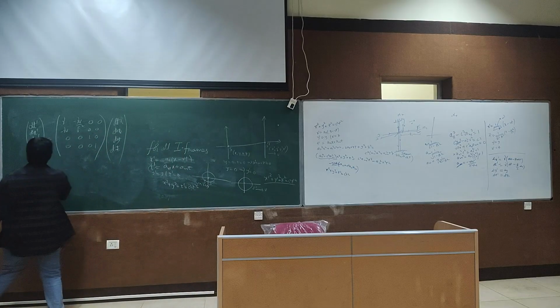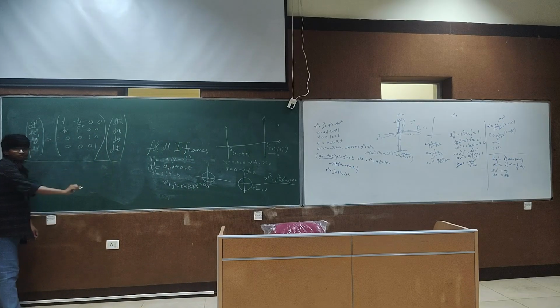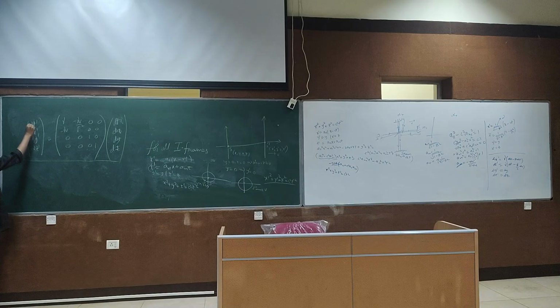So from now I am using a convention where this is x, you call it dx1, dx2, dx3, and I call it dx0. And this is a vector with 4 elements.